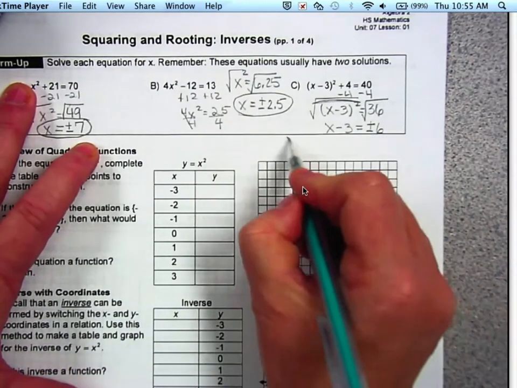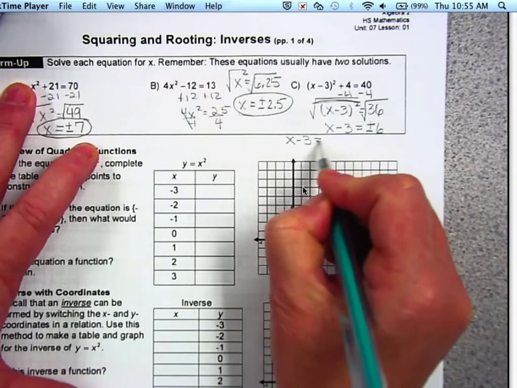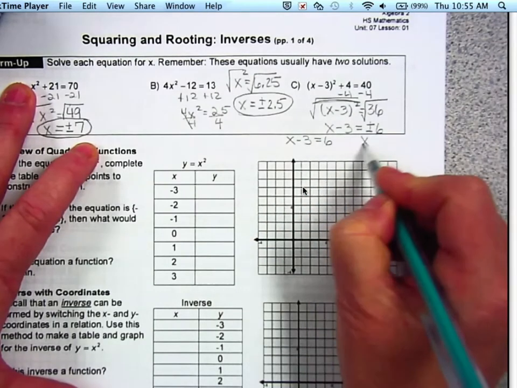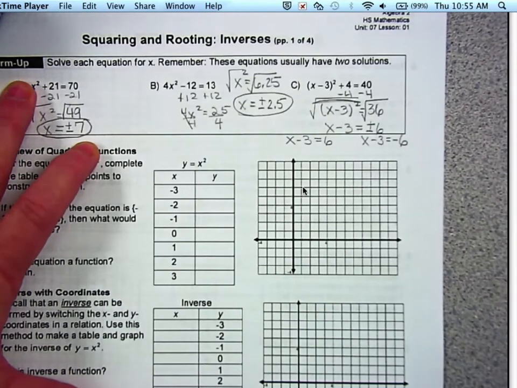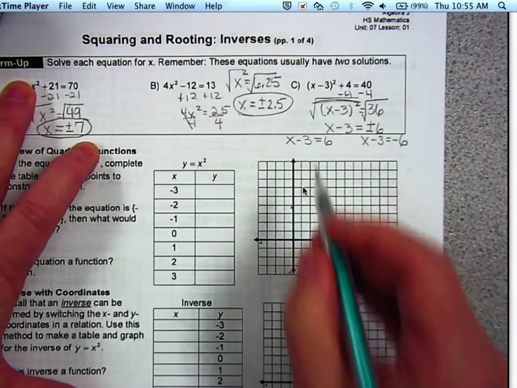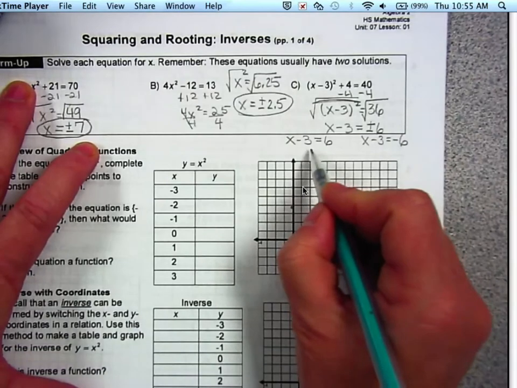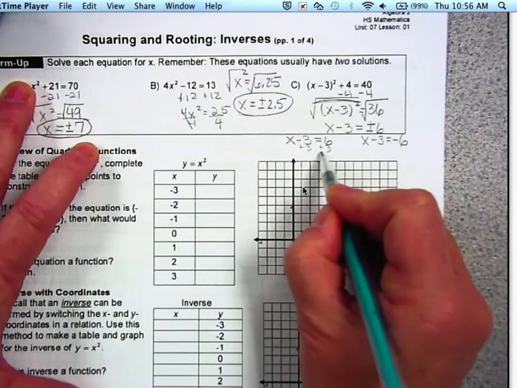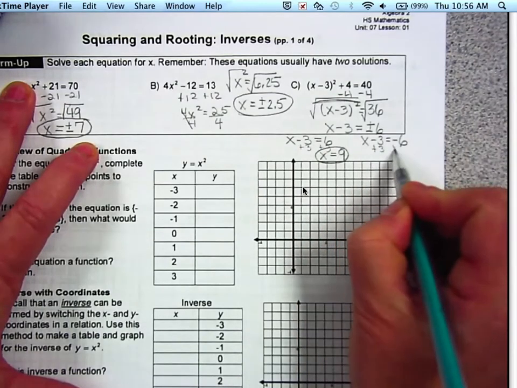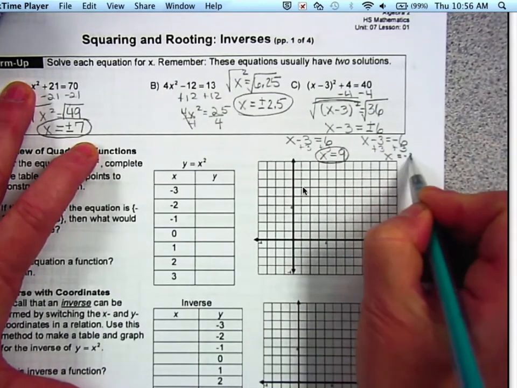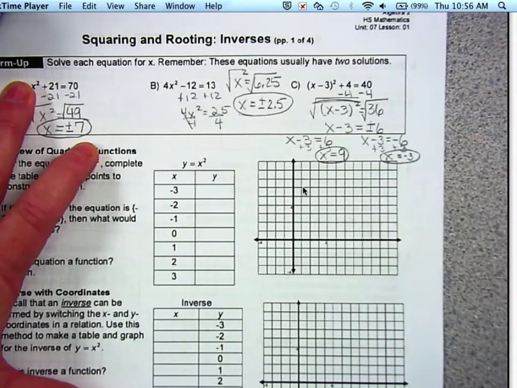So I'm going to separate those. x minus 3 equals 6, and x minus 3 equals negative 6. And then you can solve for each one. We'll add 3 to both sides, and x equals 9. And the other one, add 3 to both sides, and x equals negative 3.